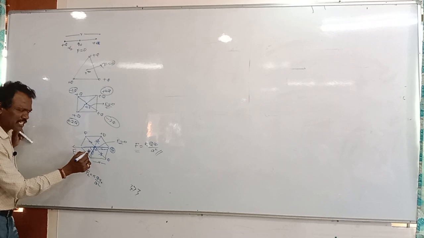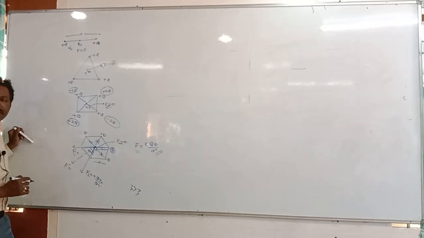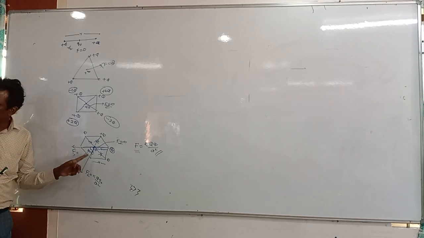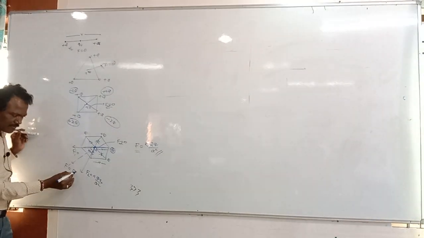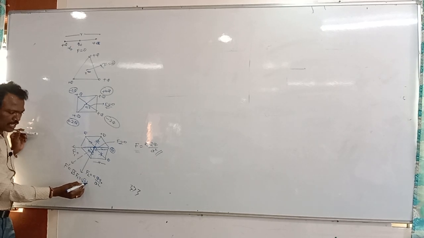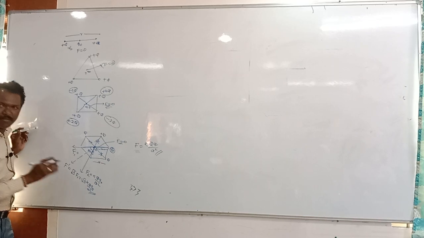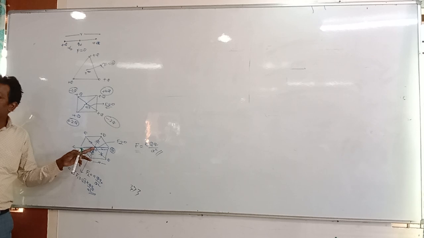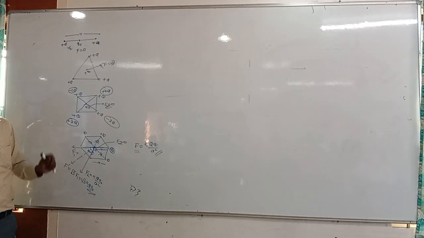The angle is 60 degrees, so the resultant F dash: F1 equals F2, theta equals 60 degrees, then the resultant is root 3 into F1, which is equal to root 3 K Q naught by A square. This is regarding the force on Q naught, right?